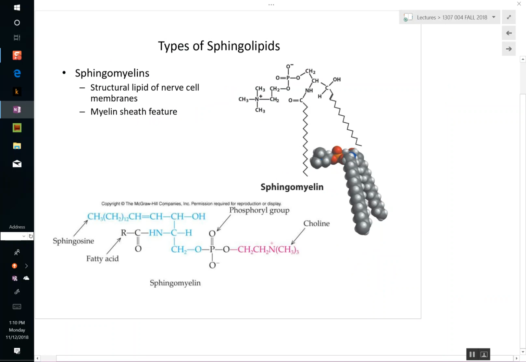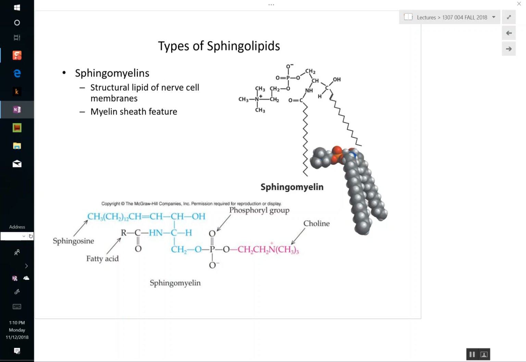You could make this same sort of drawing for both the sphingolipid and the phosphoglyceride. You've got a phosphate group with an alcohol on it. You've got a head on your phosphoglyceride or your sphingolipid that is polar, and you have a fatty acid and 2 nonpolar tails.